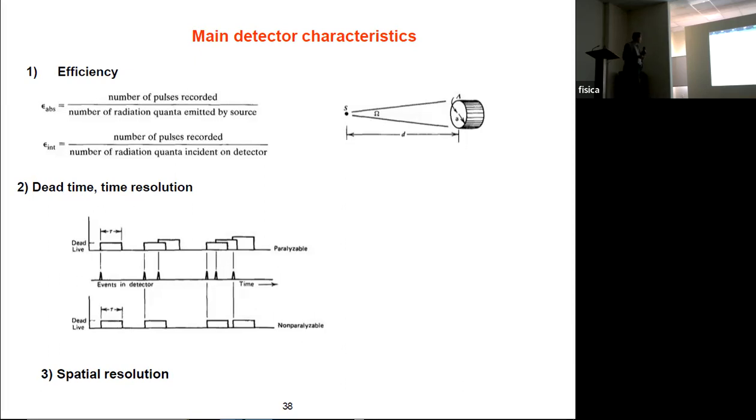The second characteristic is called time resolution, and it intersects with this parameter called dead time. The main thing, in simple words, is that you have some events which are recorded, some gamma rays which interact with the detector, but not all of them can be processed by your device due to different factors.